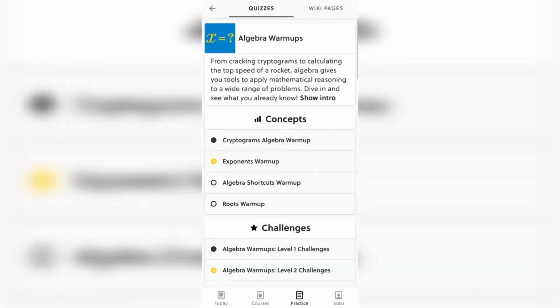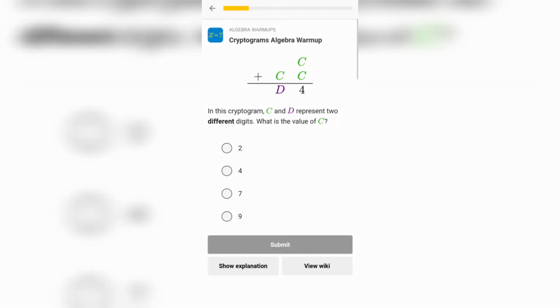And let's start with cryptograms. Cryptograms algebra warm-up, first one. So what do we have here? In this cryptogram, C and D, let me see how this works. We have C plus CC equals D4.